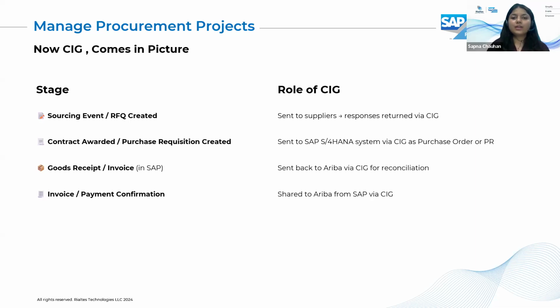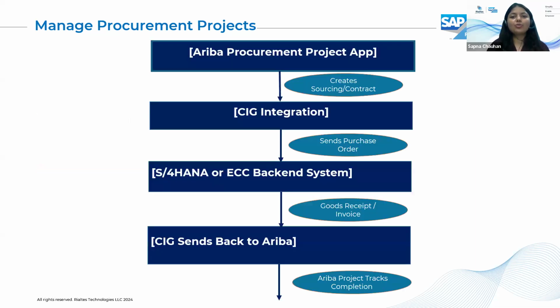I will also explain, one to one, how this application works and what we have done in it, through a flow chart. First we start with the Ariba procurement project app. When we start the procurement project app, we make the project, as I showed you in the application: how we can add the project, the sub-project, BOM, line items, everything.